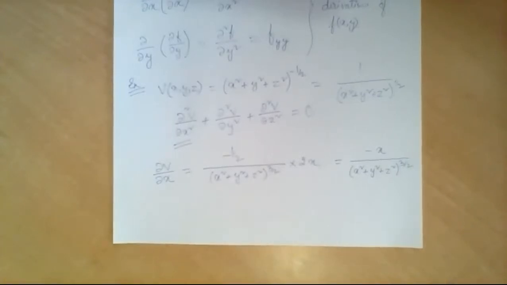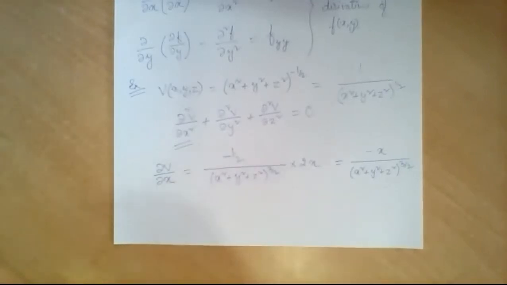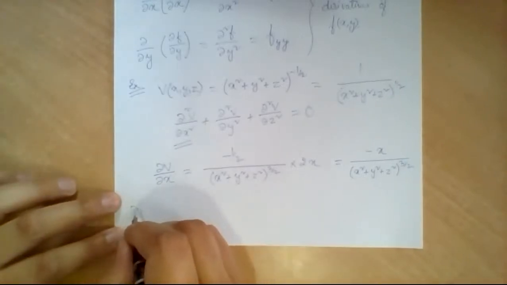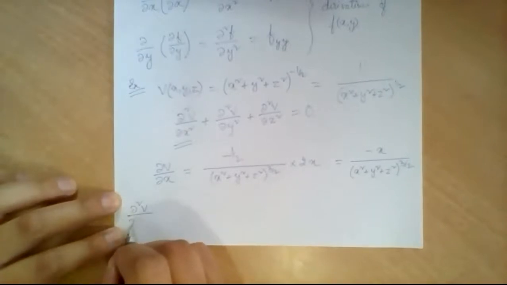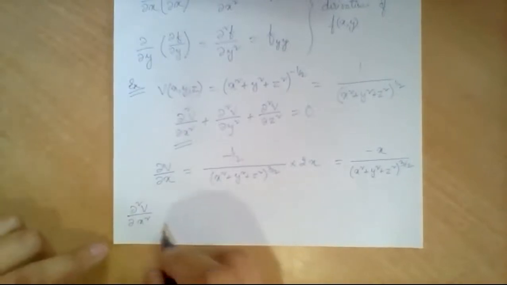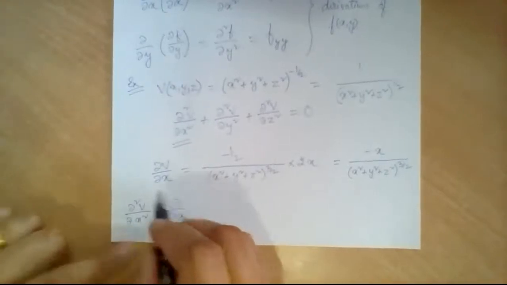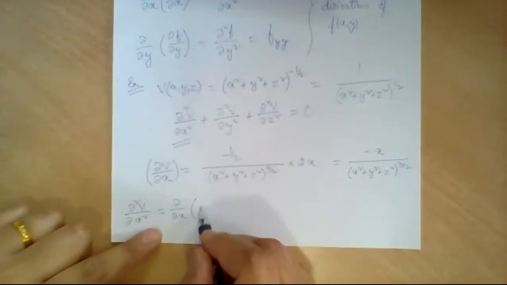For the partial derivative of v with respect to x, we are keeping y and z as constants. Next, let us differentiate this again. So del 2v by del x square is equal to del by del x of del v by del x.